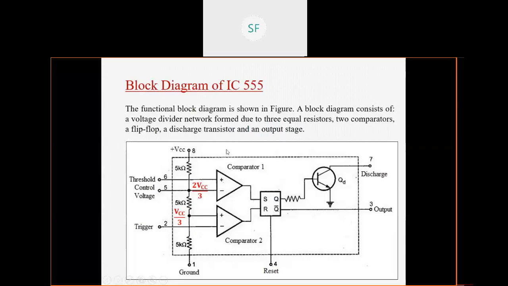What are the role and functions of all these components, we will see one by one, because the same block diagram we will be discussing in the next two topics, astable and monostable multivibrator, as well. So at the end the role of everything will be clear to you. This is just a basic component description.